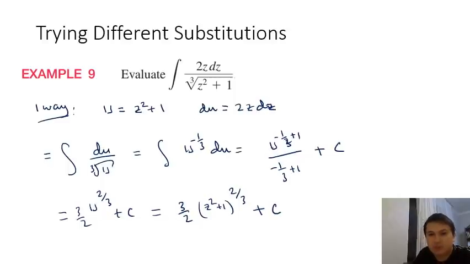So we were sort of lucky with our trial, right? Now in the next slide I want to do the same example but with a different substitution, and you will see that it will also work. But be careful, it doesn't mean that any substitution works all the time. It's just for this particular example, we are lucky that two different methods work.